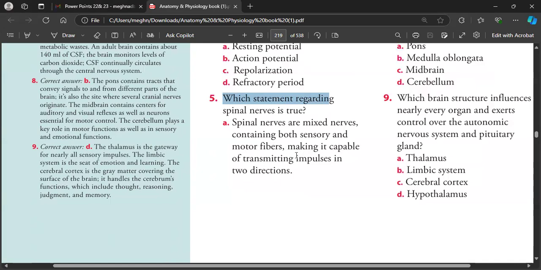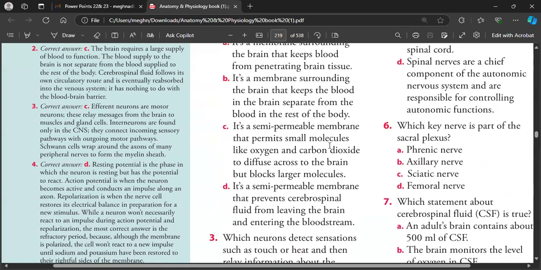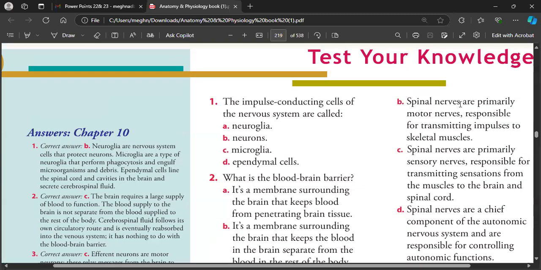Capable of transmitting impulse in two directions. So here, one, and what did number B say? The spinal nerve is primarily a motor nerve and responsible for transmitting impulse to the skeletal muscle.